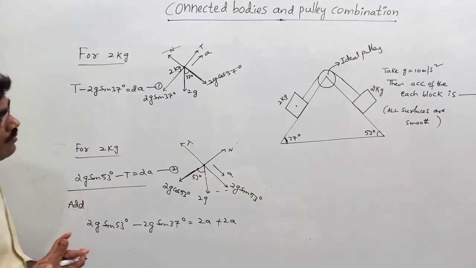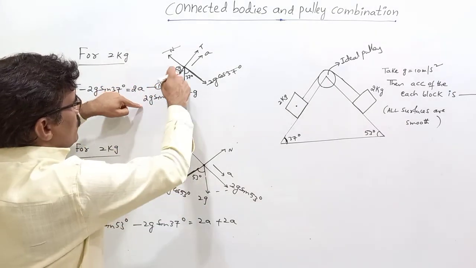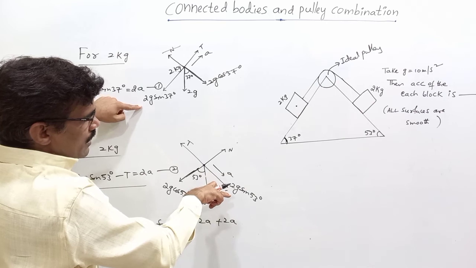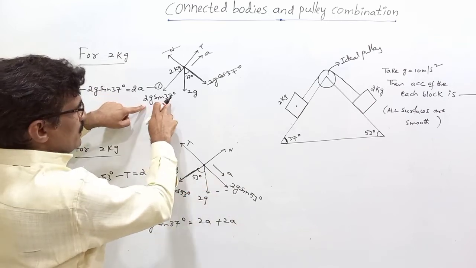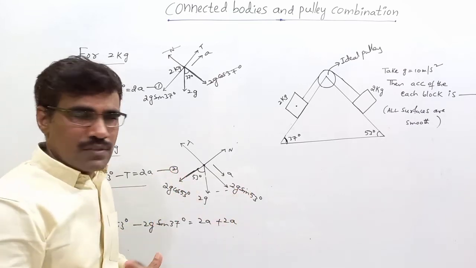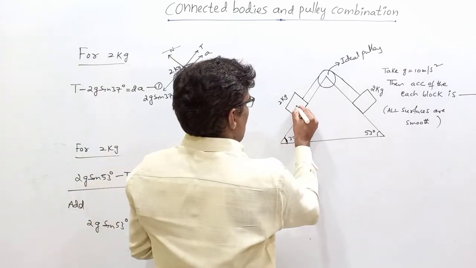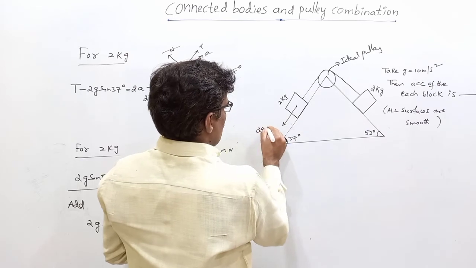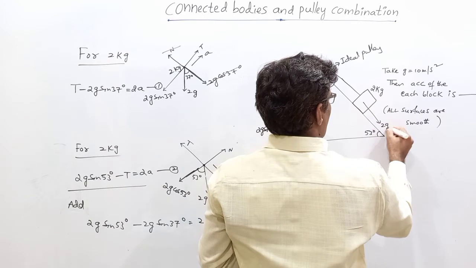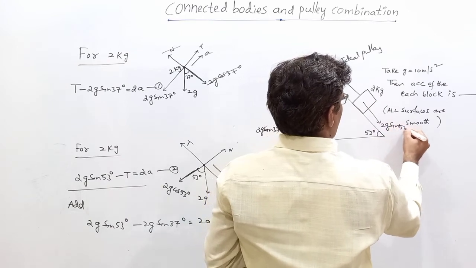Simply we have to observe here. This side is 2g sin 37, and this side is 2g sin 53, in opposite directions.